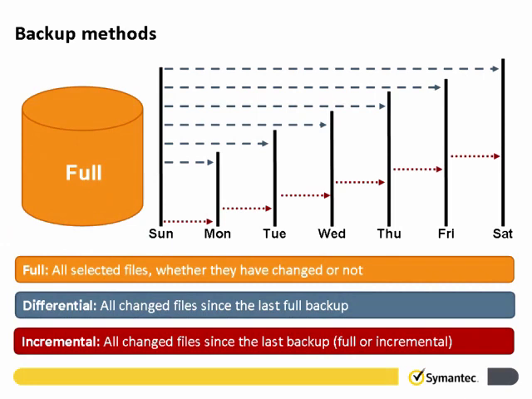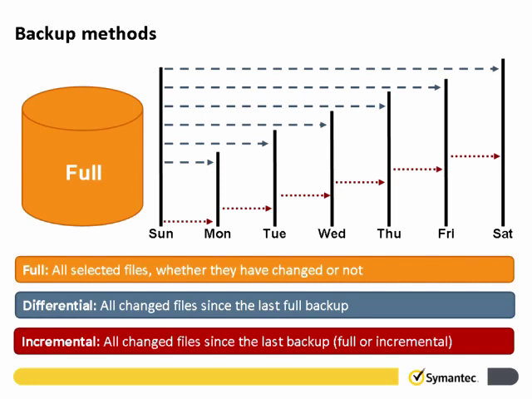There are several backup methods that you can use, and when you configure a job you must select at least one of them. The first one is a full. Computers are very literal. And a full backup backs up whatever you tell it to back up. It's going to back up everything you tell it to, regardless of whether it's been backed up recently or not.